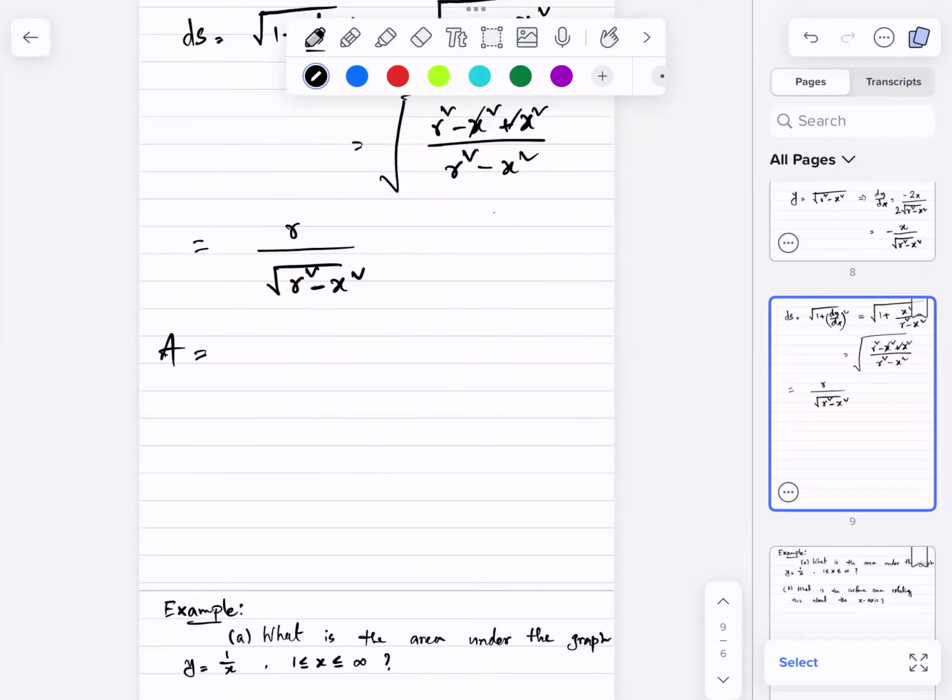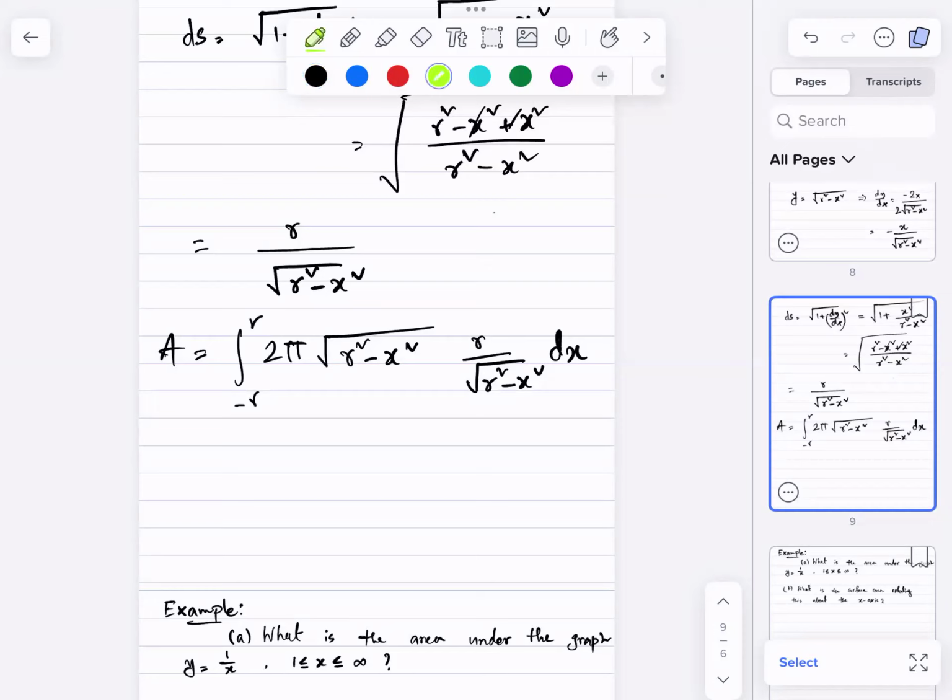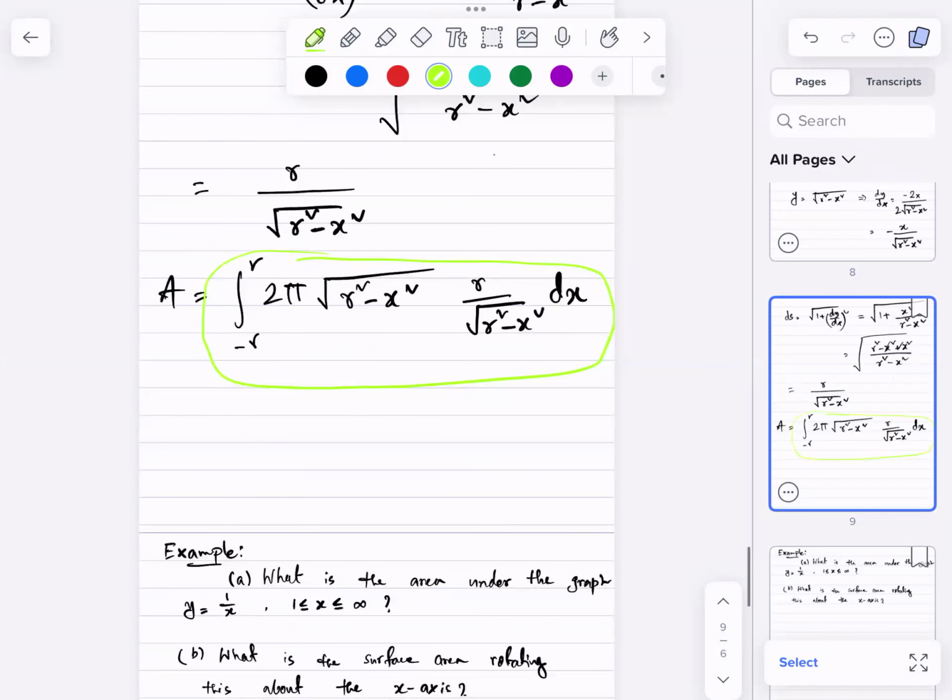Okay, so my surface area will be 2 pi times the integral of the square root of r squared minus x squared, times r over the square root of r squared minus x squared, dx from minus r to r. For this I have just used the formula, just like the previous case. And this will be 2 pi times the integral from minus r to r of r dx.